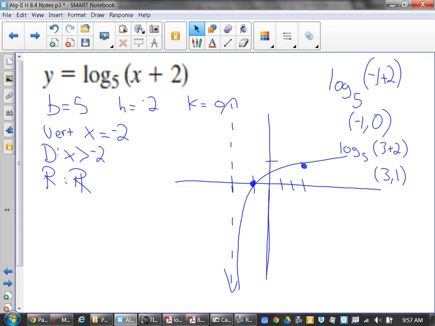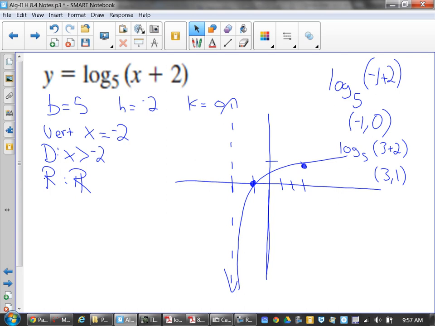Is there some confusion? X is your input, Y is your output. It's going this direction because the b value is greater than 1.